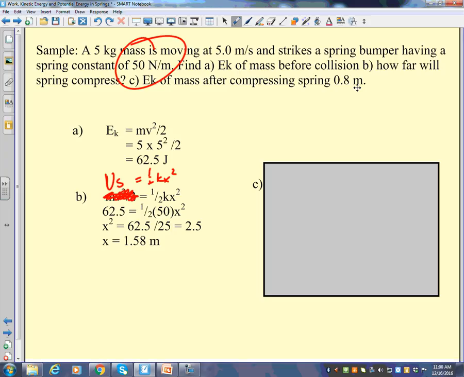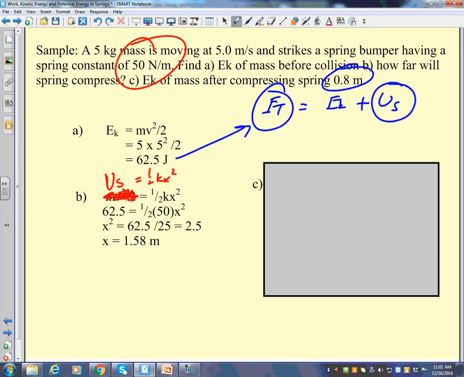So I need to figure out how much potential I have, and then the difference is going to be the kinetic, is it not? Did that sort of blow you away there a little bit? If I go ET is equal to EK plus US, right? I know what the total is. It's my 62.5. I can find the US because I got the distance, and then I'm just going to subtract, right?